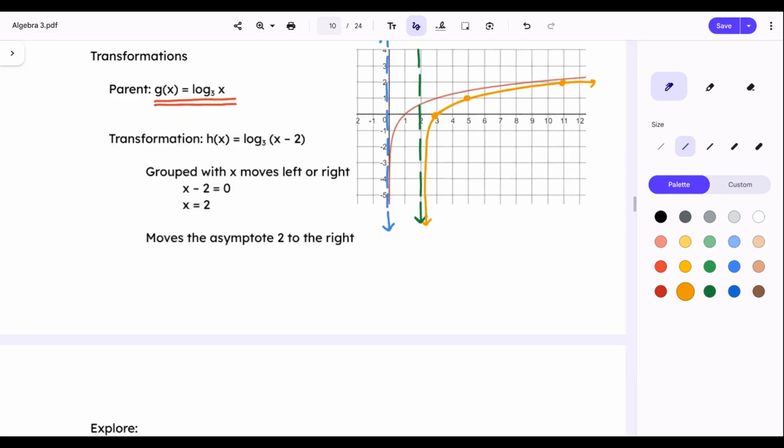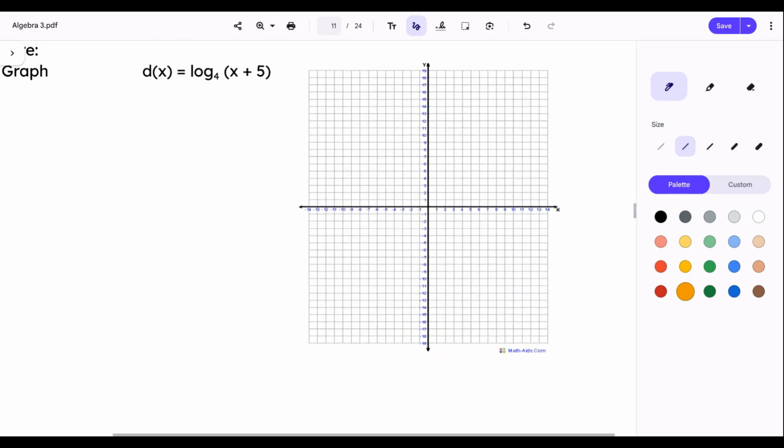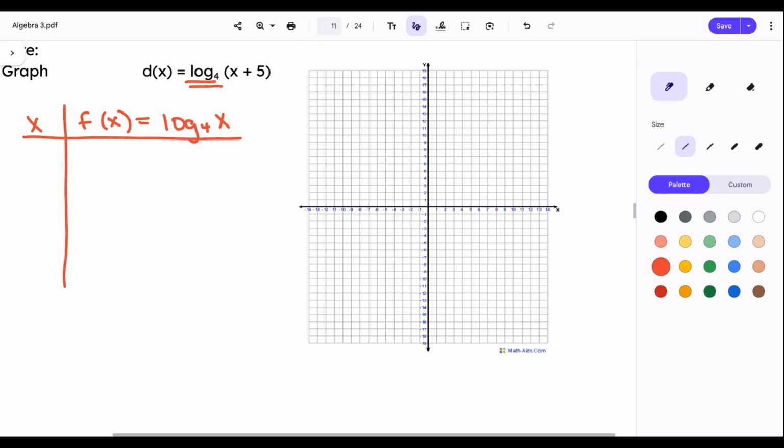Okay, so if you guys take a look at this next one here, this is using the log base 4. So I'm looking at this here. This means that your parent graph, I'll just write f of x would be log 4x, and that's the example that you guys had to do on your own. So if you don't remember, we can fill out a little table here. That was the 1/16, the 1/4, the 1, 4, and 16.